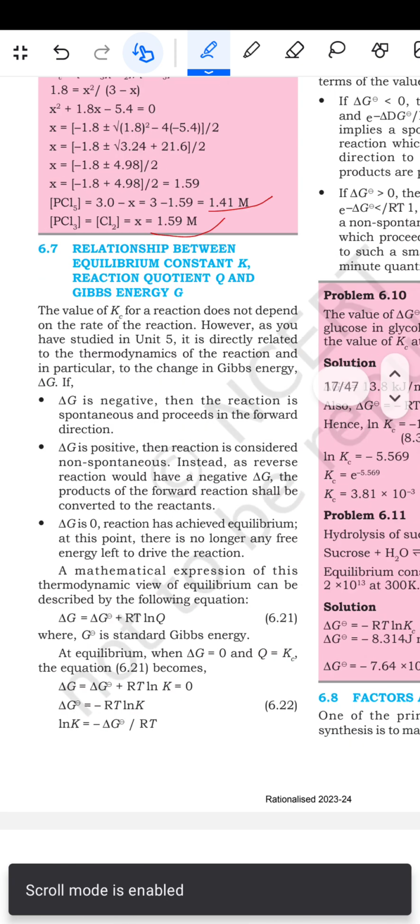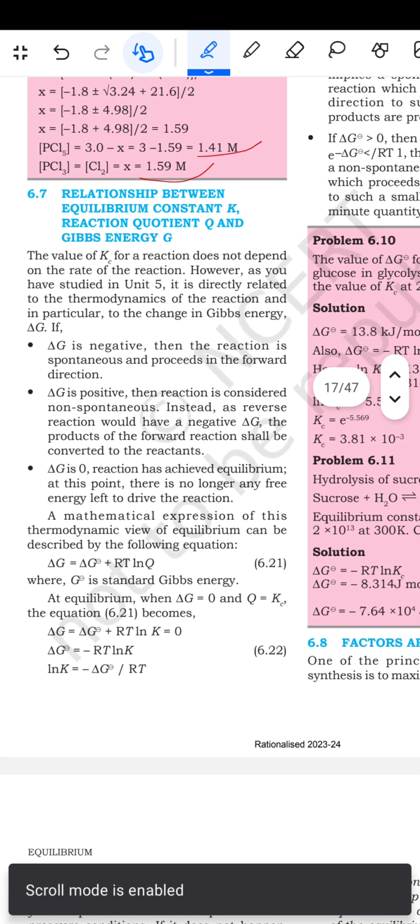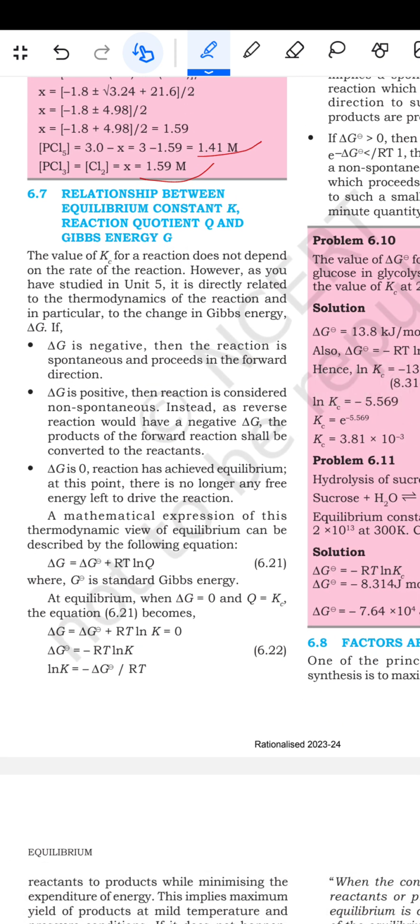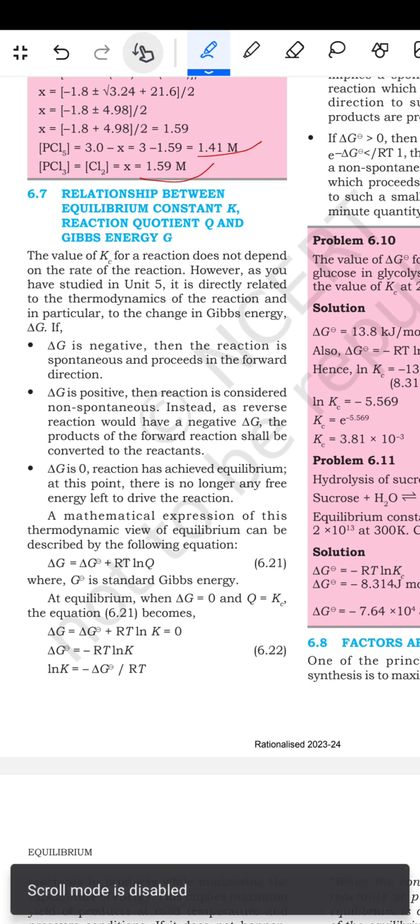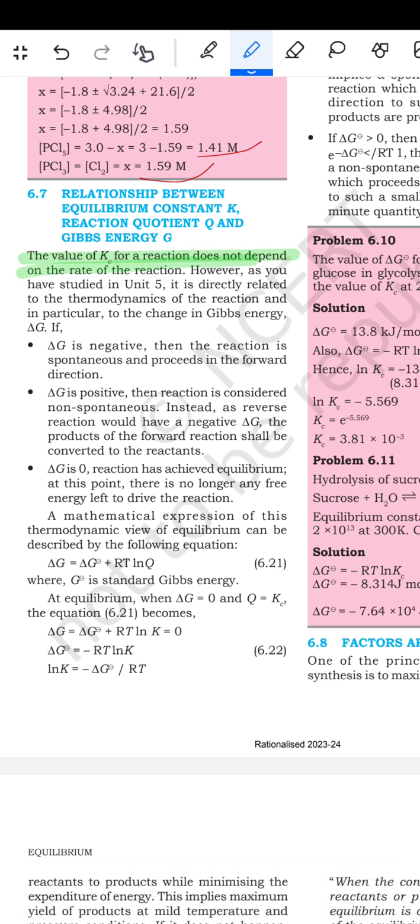Now let us see the relation between the equilibrium constant K, reaction quotient Q and the Gibbs energy G. The value of Kc for the reaction does not depend on the rate of the reaction. However, as you have studied in Unit 5, it is directly related to the thermodynamics of the reaction and in particular to the change in the Gibbs energy, delta G. If delta G is negative, then the reaction is spontaneous and proceeds in the forward direction.